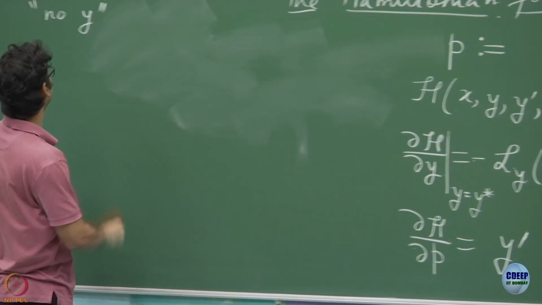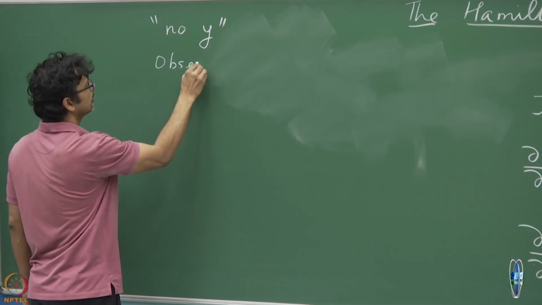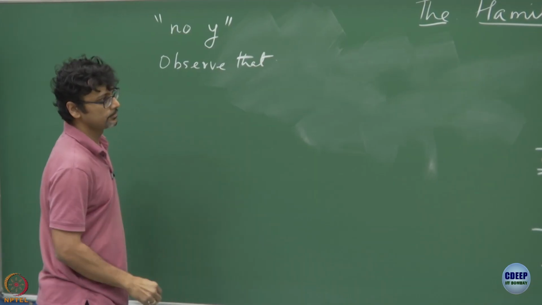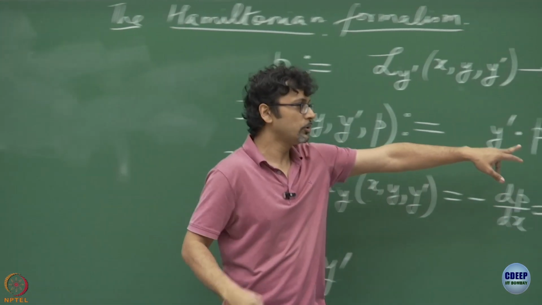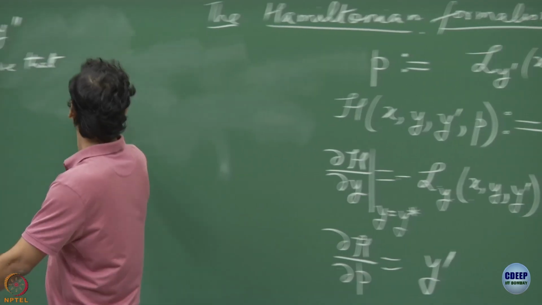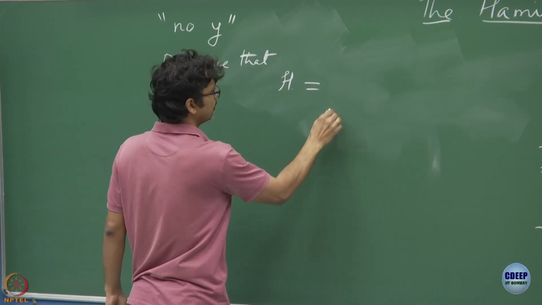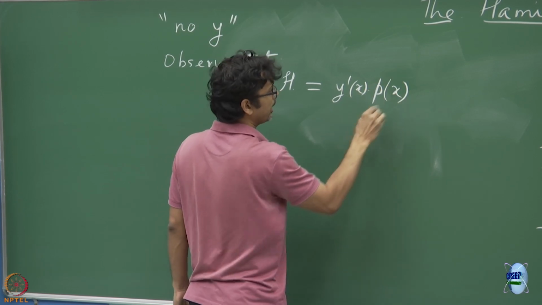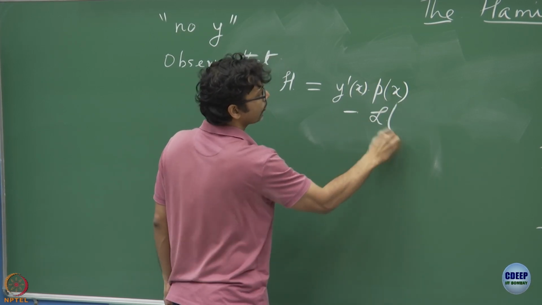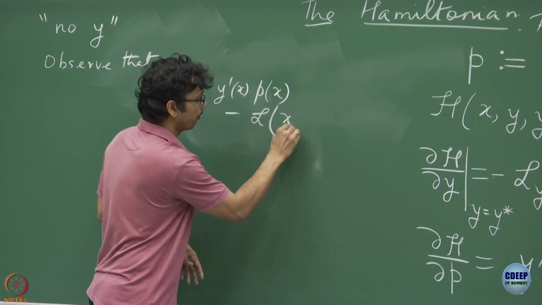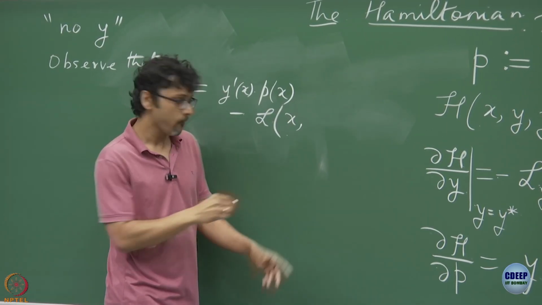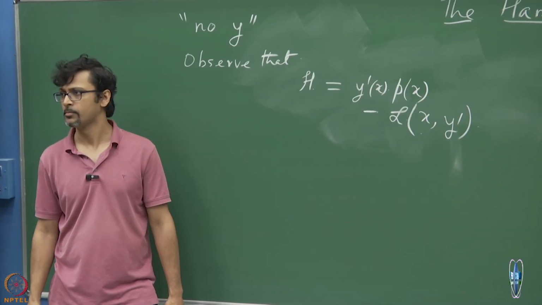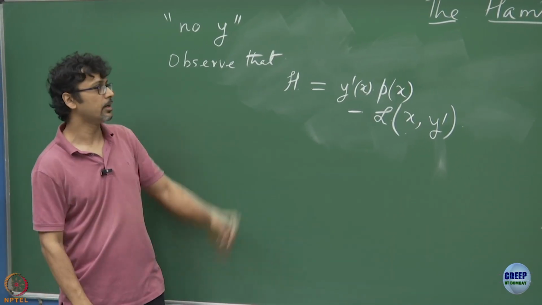Yeah, so we observe that you have to put the argument suitably, no? The Hamiltonian in this case will be y prime times p minus L as a function of x and y prime, right? Yes, just to make things clearer.